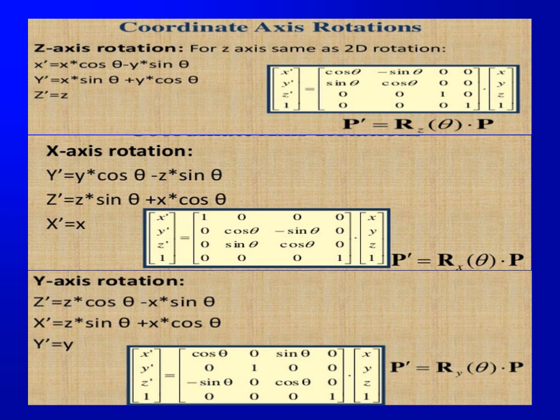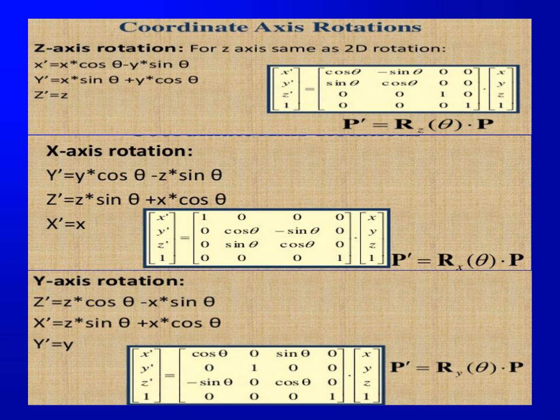So this x-axis rotation matrix is multiplied with the old coordinates, that is x, y, z and a 1. Whenever we multiply these two matrices, then we get this equation, okay.